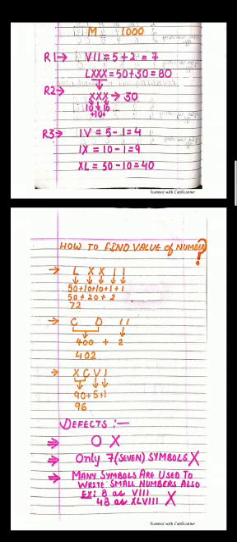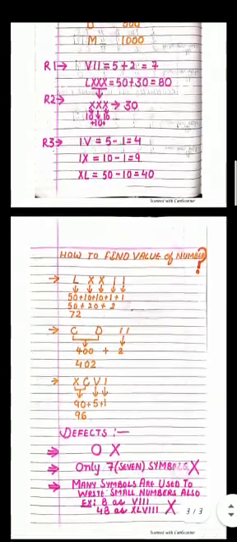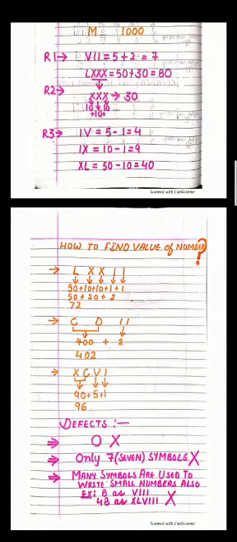There is no symbol for 0 in the Roman numeral system. Second, the Romans used only 7 symbols, which are not sufficient to write large numbers. Third, we have to use many symbols even to write small numbers.